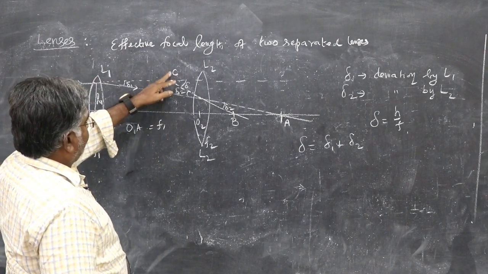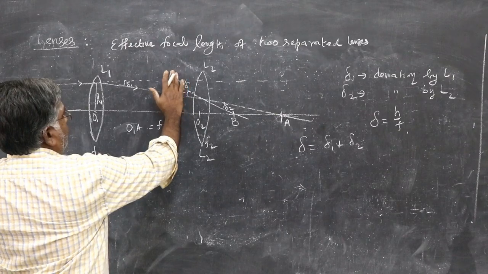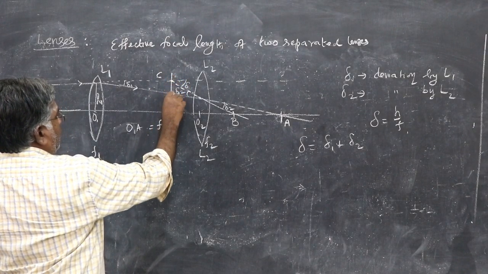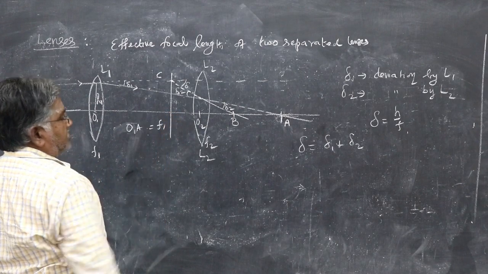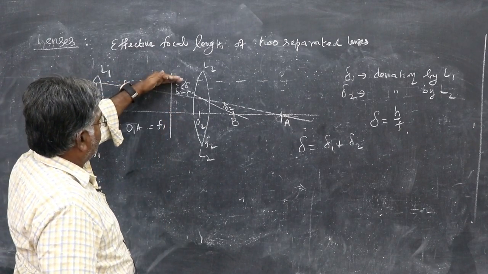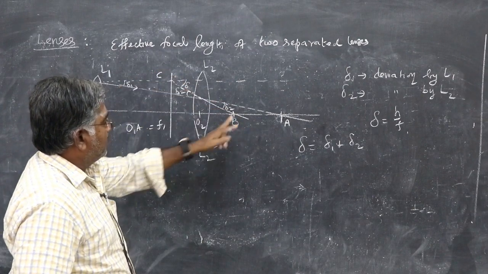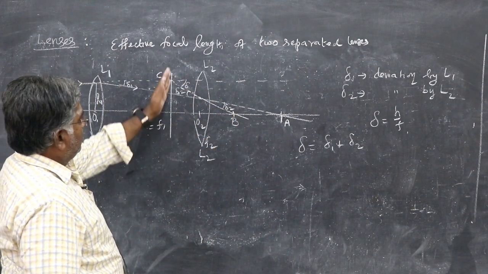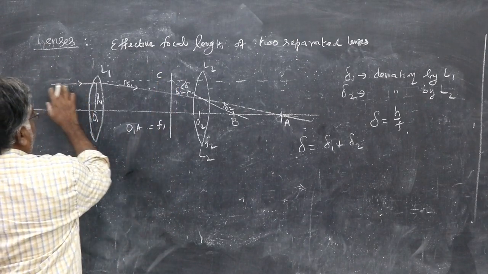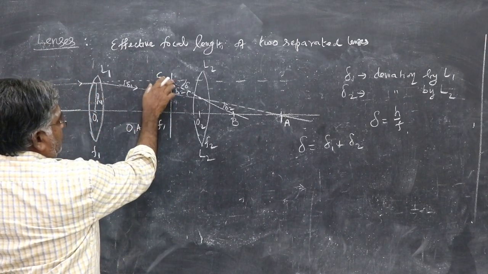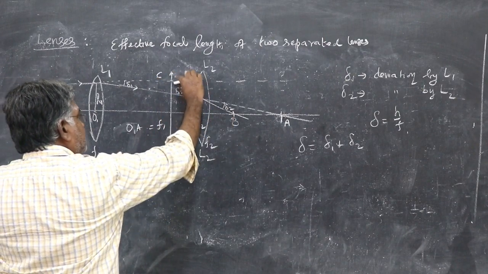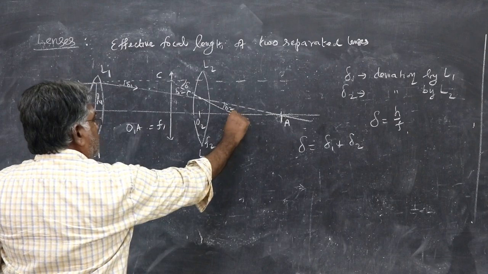See, imagine the effective lens to be here. The incident ray parallel to the axis is coming, deviates, and the final image is formed at B. So if you have one single effective lens here and the incident ray is parallel, it refracts, and the ray passes through the principal focus of the effective lens.